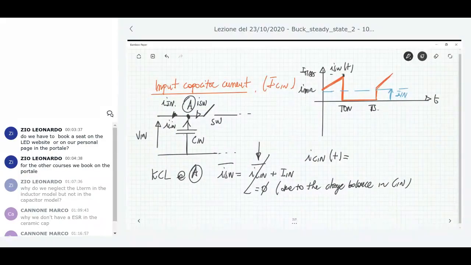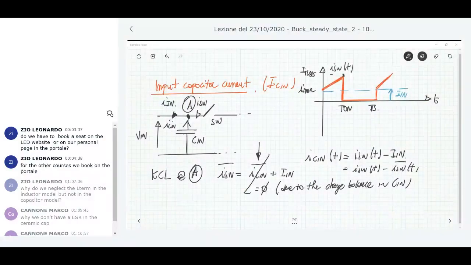We can say that this is I switch minus I in, and I in is the same as the average value of the switch current.